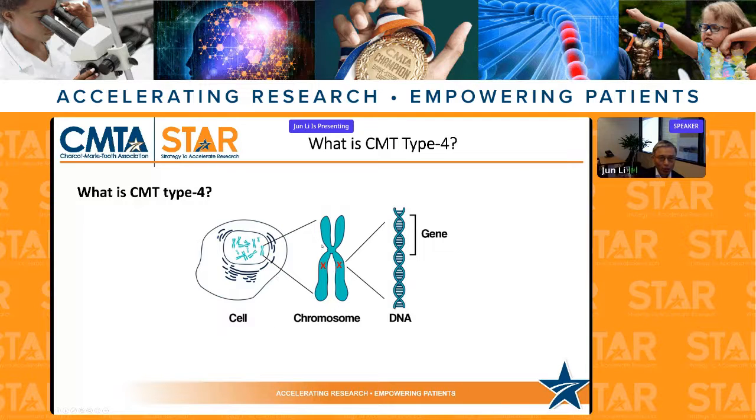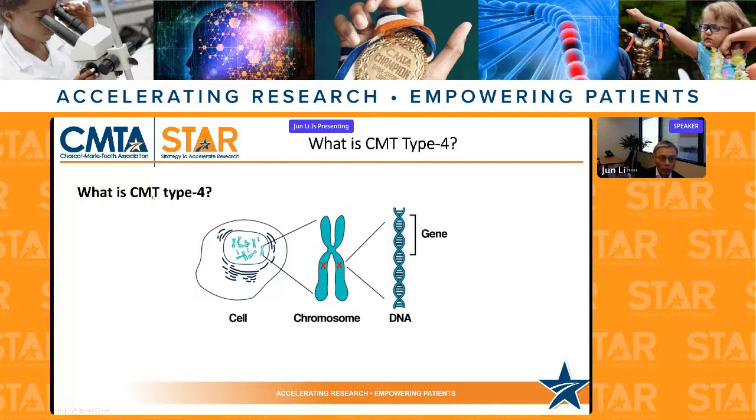On the chromosome, there are two copies of each individual gene. If a disease is caused by a mutation in one copy of the gene, we call it a dominant type of disease. But if the disease is only caused by mutations in both copies, then we call it a recessive disease.